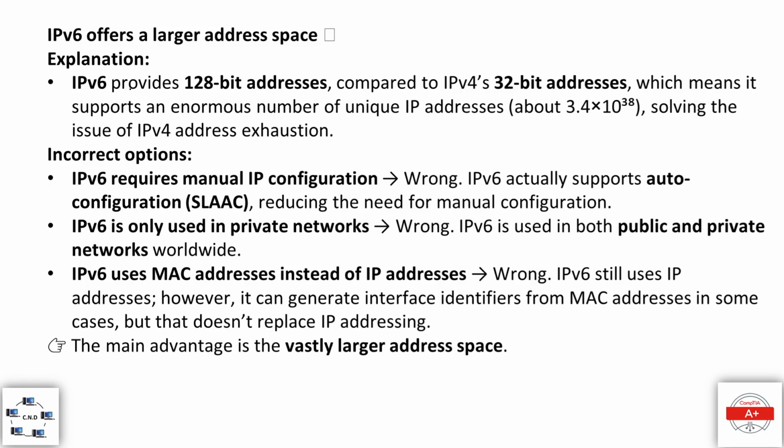And the explanation is: so IPv6 provides 128-bit addresses compared to IPv4's 32-bit addresses, which means it supports an enormous number of unique IP addresses, about 3.4 times 10 raised to the power 38, solving the issue of IPv4 address exhaustion. Incorrect option. So IPv6 requires manual configuration. It is wrong. IPv6 actually supports auto configuration known as SLAAC, reducing the need for manual configuration.